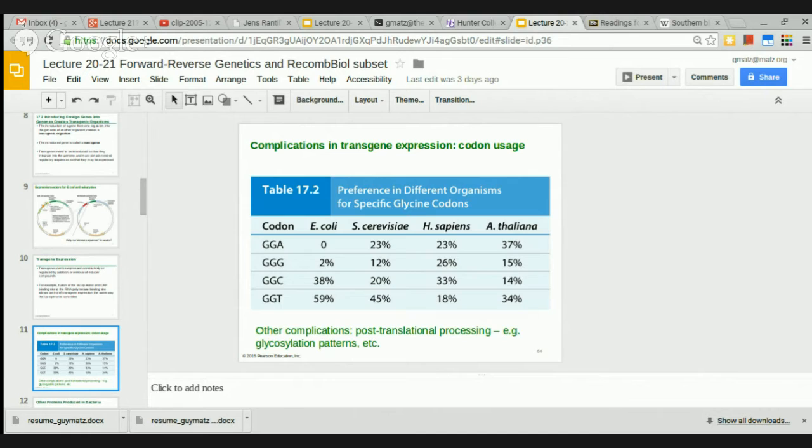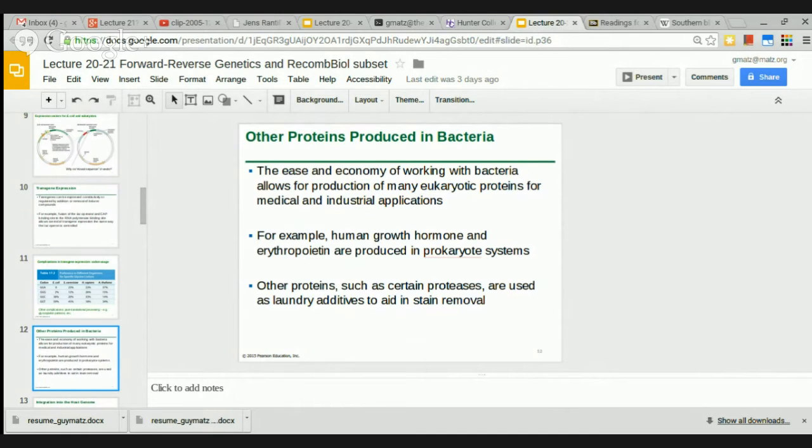But be that as it may, bacteria are so great because, like the fly, they're better than the fly. They grow up tremendous quantities of these organisms, and if they will express what you want them to express, they can make copious amounts of protein. You can just harvest the media from these cells, particularly if they're making something that's secreted from the cell.